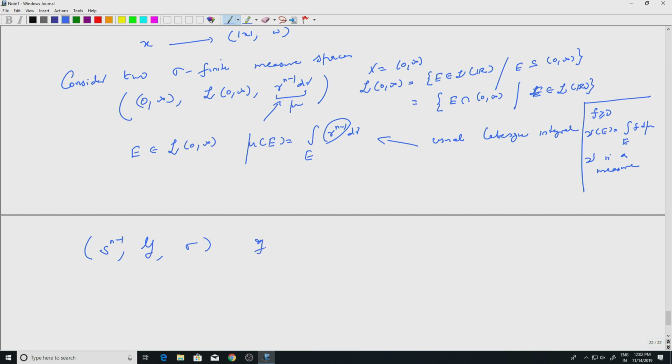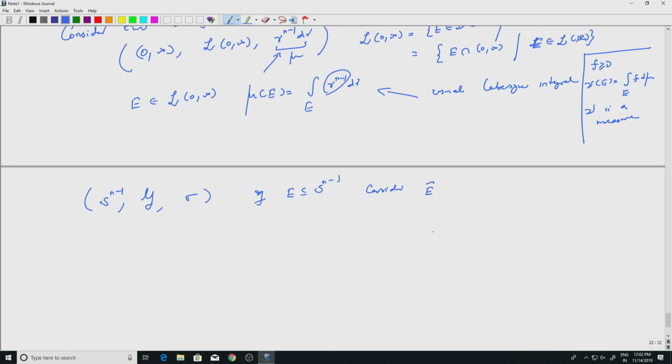So, if E is a subset of S^{n-1}, consider E tilde. So, what is E tilde?